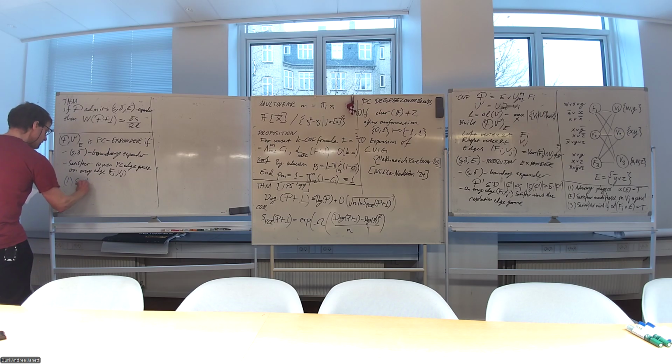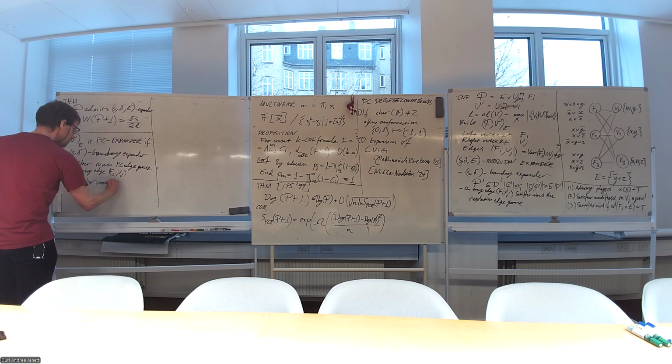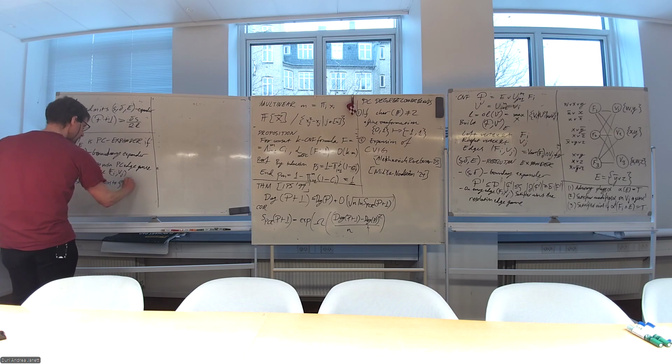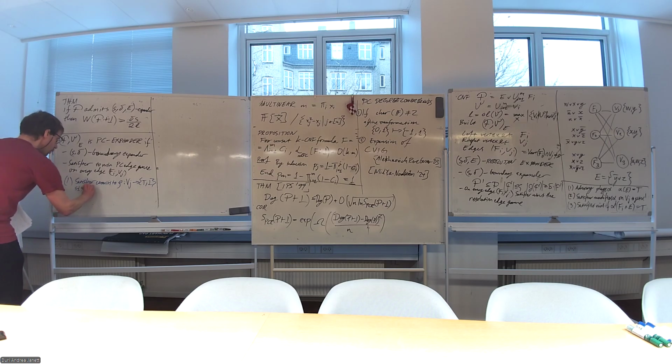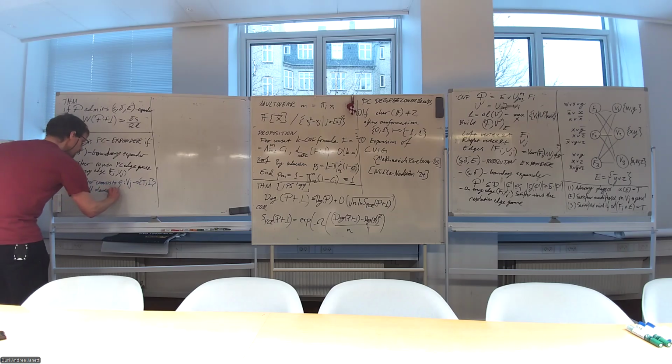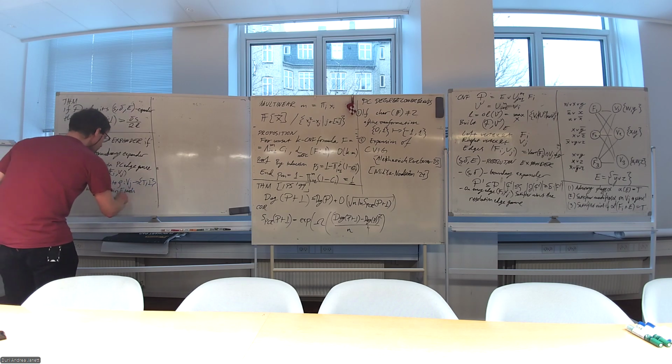So the satisfier starts by committing to a partial truth value assignment rho to Vj, such that all the clauses in E that are touched by rho are also satisfied.